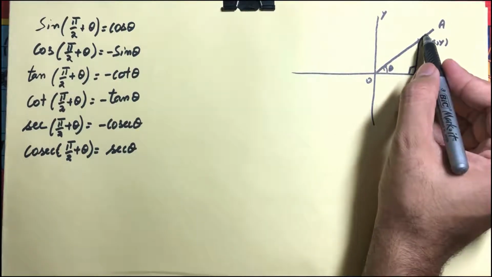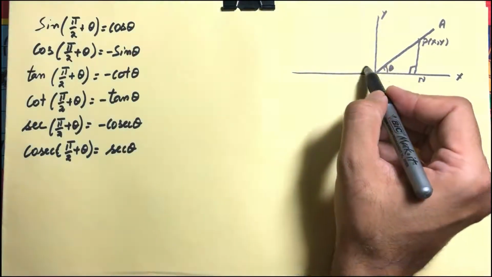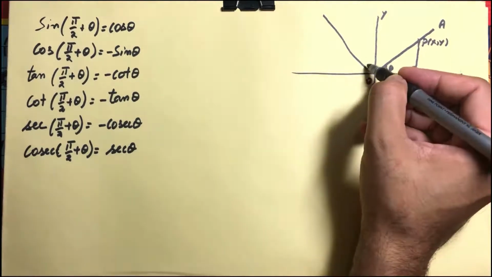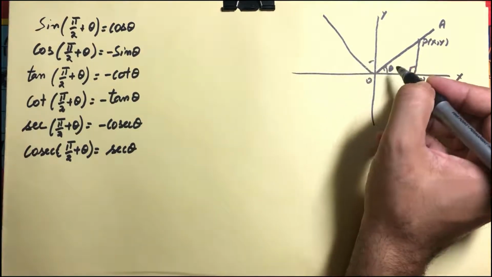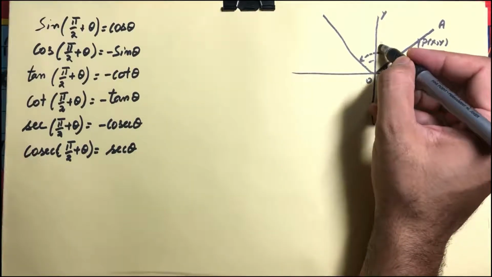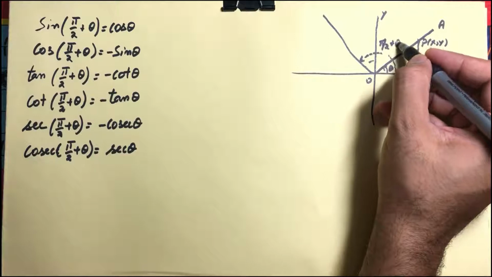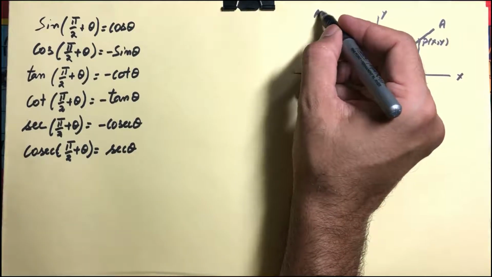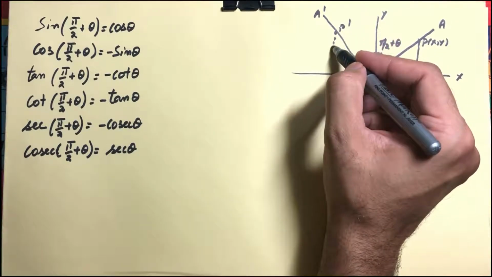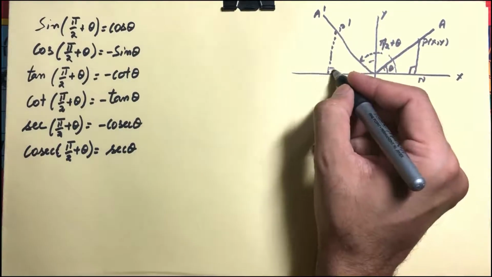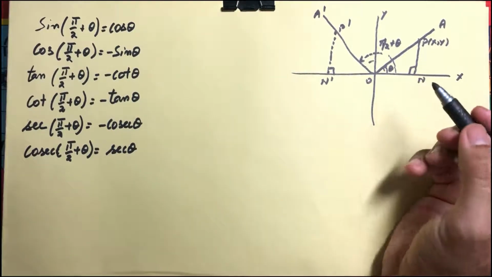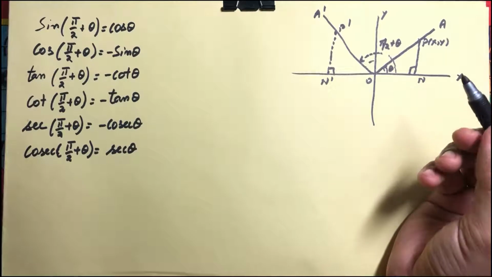Now if we again revolve this line and we are here, you will see if this angle is theta, then how much is the whole of this? The whole of this is pi by 2 plus theta. We name this A dash, and again here we have a point P dash, and we draw a perpendicular from here, name this N dash. So this is the diagram for this.